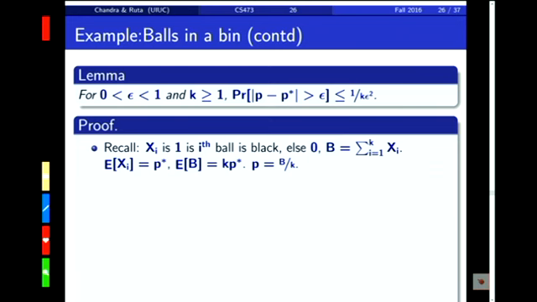So 1 over k epsilon square should be 0.01. Right? Epsilon is 0.1. What should be k? 10,000.